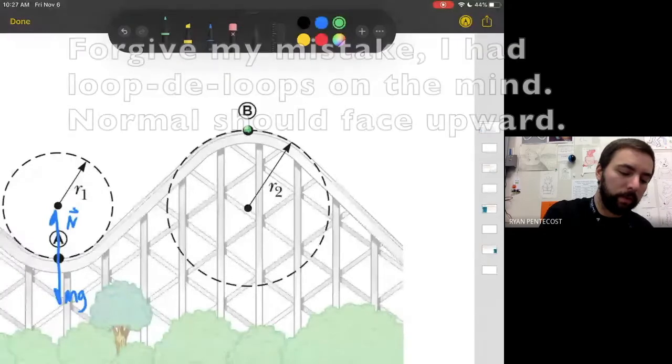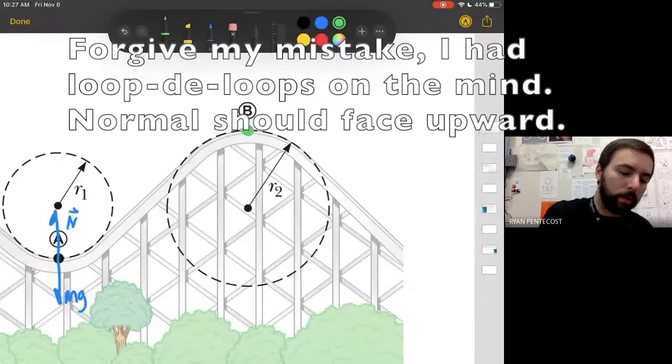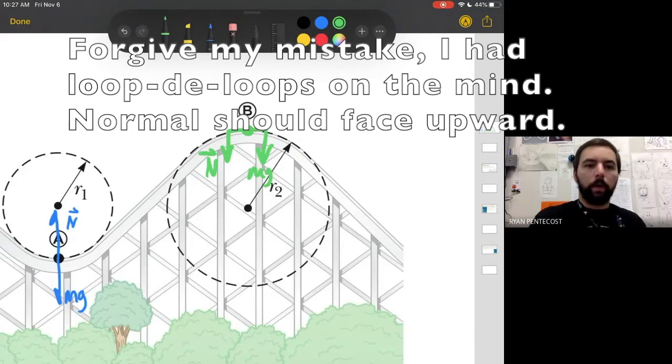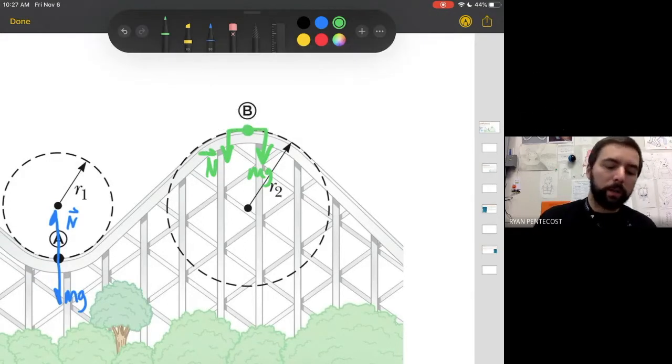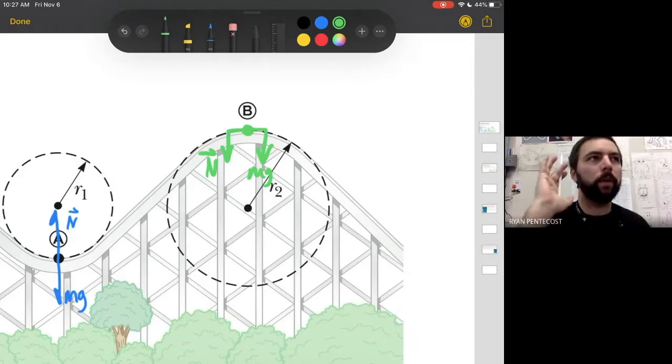Now, the next one, if we look at point B, is a little different, right? Because here we have a normal force and we have an mg going in the same direction. But on a roller coaster, you don't actually want that normal force, right? Think about all the times you've been on roller coasters. If you haven't, imagine.